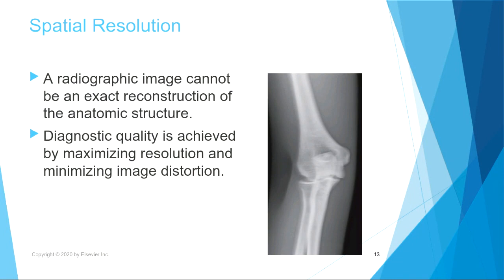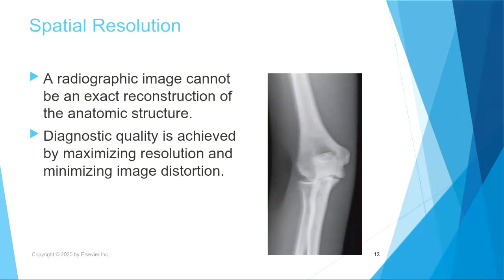So you can get the maximum amount of spatial resolution when you maximize your resolution and minimize your distortion. That's how your image quality is improved. You want to maximize resolution and minimize distortion because they have an inverse relationship. Maximum resolution, minimal distortion is your goal on every image that we take. But you always are going to lose some information when you form the image.